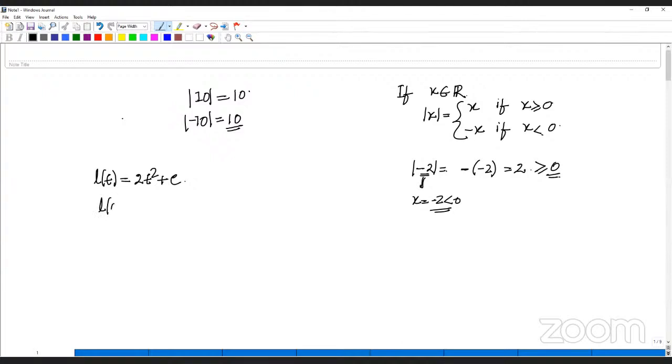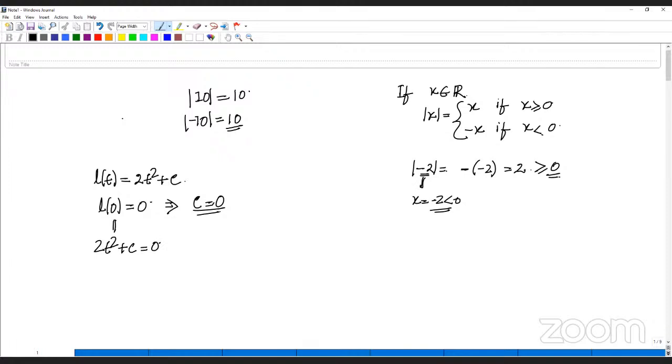That means L of 0 is 0, right? So L of 0 being 0 means your C is 0.